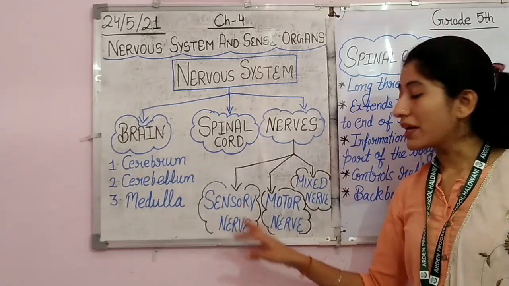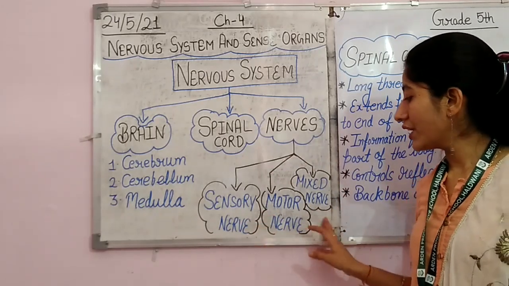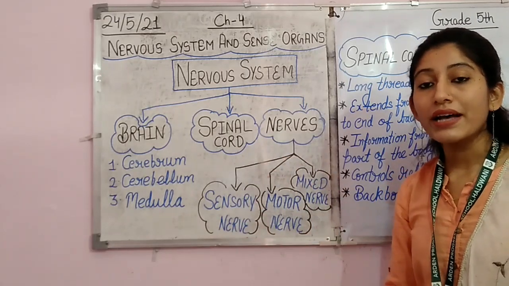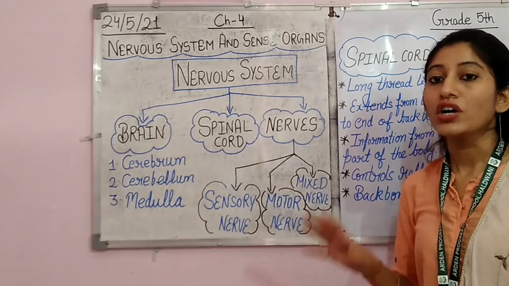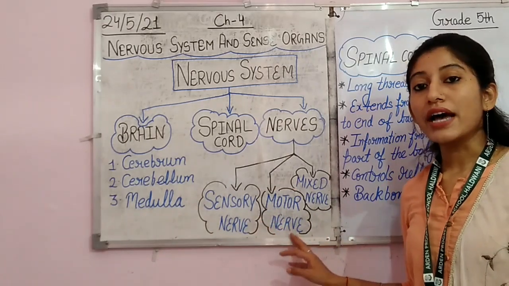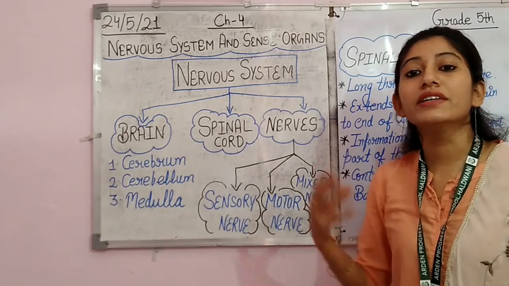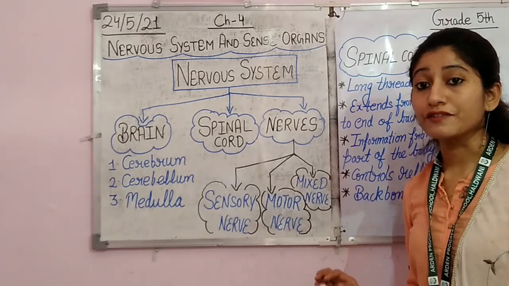These nerves decide from which part they will receive a message and to which part they will send it. This is the role of the particular nerve.